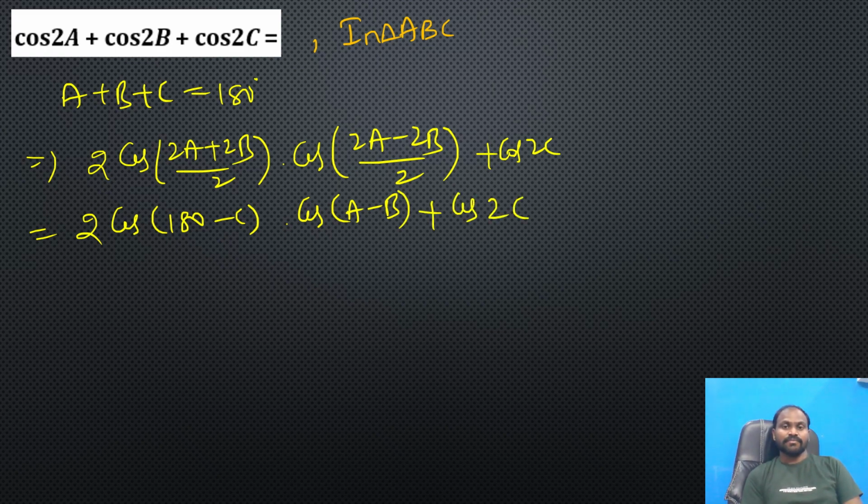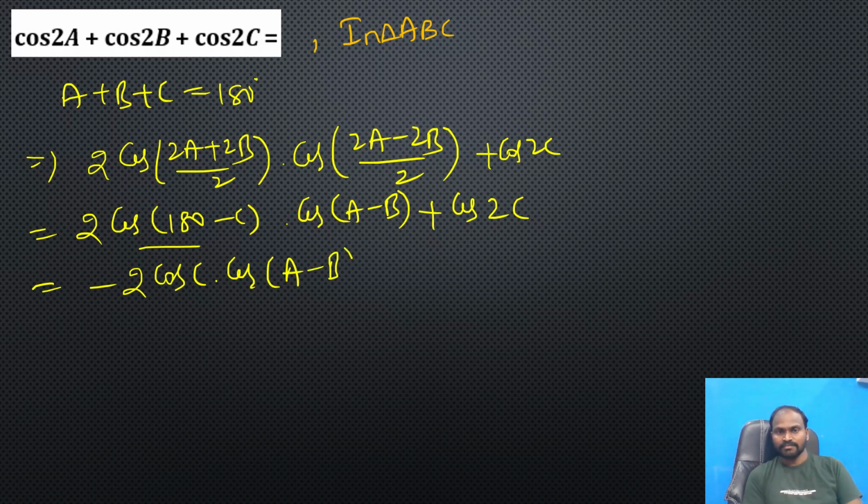I am not writing any formula for cos 2C because I want to see what I will get here, because I have many formulas for cos. Definitely I should know which one I have to use here, sin or cos or tan. So cos of 180 minus theta, second quadrant, cos is negative, so minus 2 cos C into cos of A minus B.